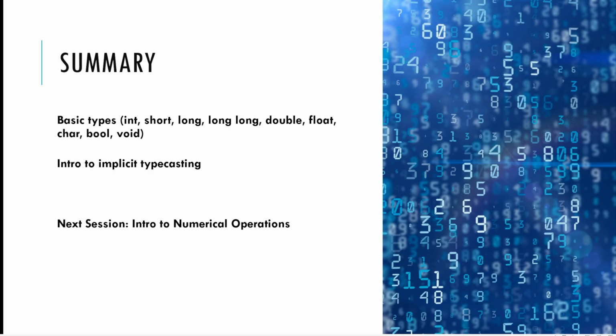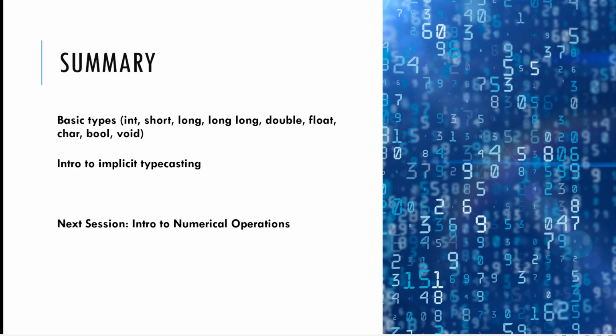I did show you a little bit about implicit typecasting. In the next session, when we talk about numerical operations, we're going to use every single one of these types again. And of course, not only the int, short, long, double, float, we're going to use the unsigned versions of it, because sometimes when you go from one variable of a type to another variable of a type, you've got to understand some of the nuances that might get you caught up, things that may actually add bugs to your code.